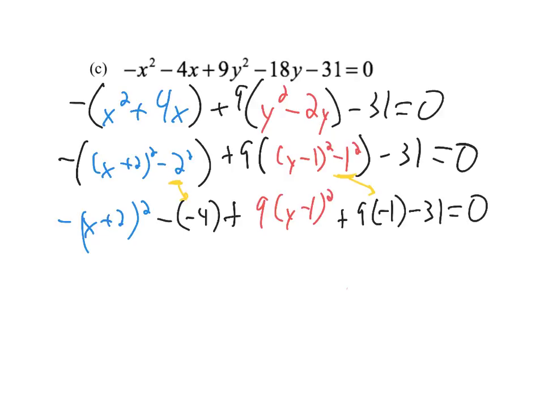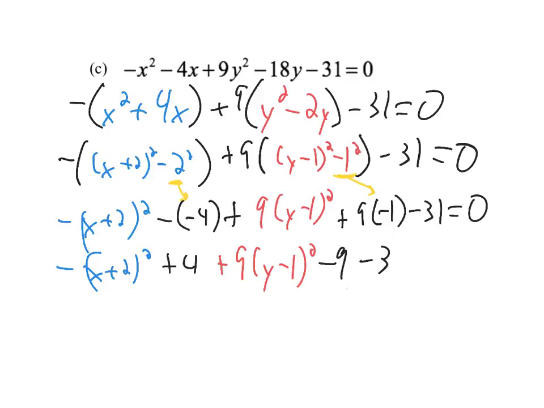Still not really as cleaned up as it could be, but we can keep going and say we'll have minus x plus 2 quantity squared plus 4. And then we'll have plus 9y minus 1 quantity squared, and then minus 9 minus 31 equals 0.